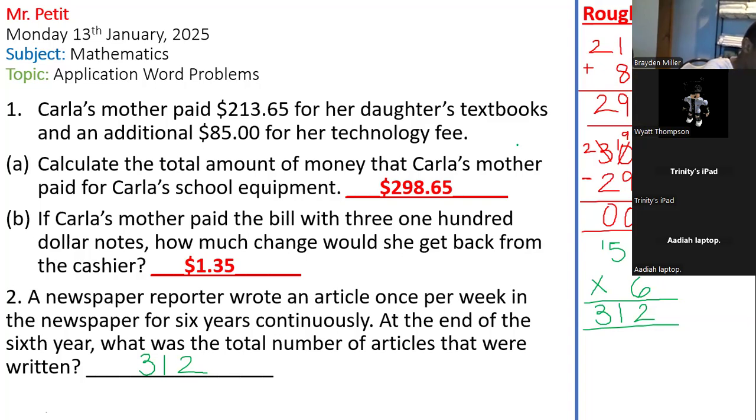And how often does this news reporter write an article, Tajane? Once per week. So in a year, how many is she going to write if she's doing it once every week? There are 52 weeks in a year. How many articles is she going to write in 1 year? Remember, she's writing one every week.